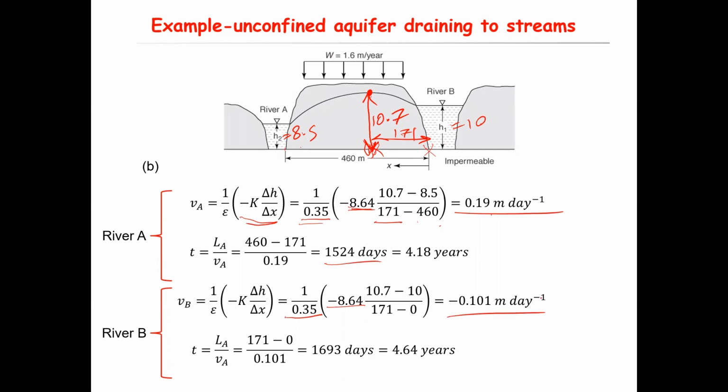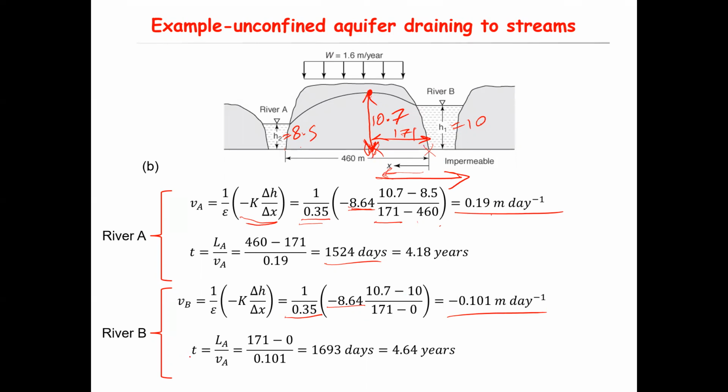That will be equal to minus 0.101 meter per day. You see here in this question, the X direction is considered in this way, so the minus sign means the flow will be in this direction. Which kind of makes sense because here you have a higher head, 10.7, than H1, that is 10 meter.